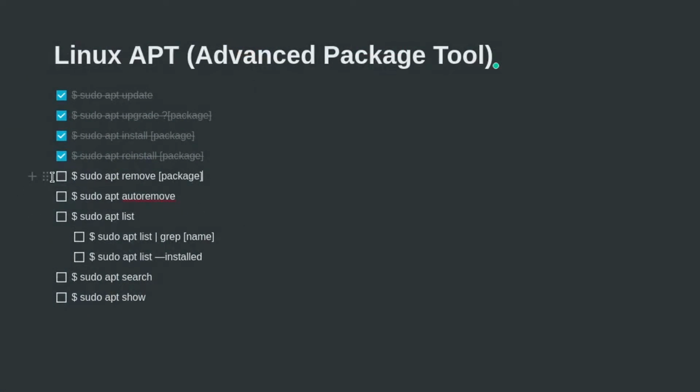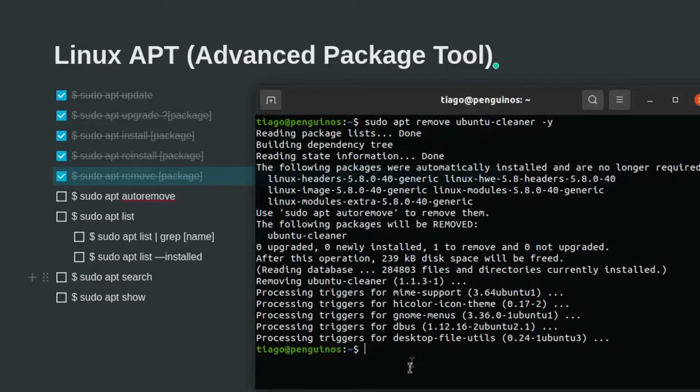That's good. So let's say when I install a package, it automatically installs other dependencies. And when I remove this package, it doesn't remove the dependencies that were previously installed. So Ubuntu has a command to auto remove these dependencies that you are no longer using.